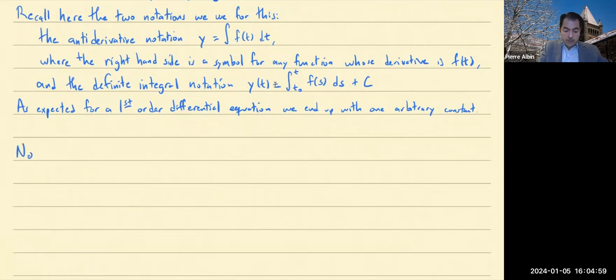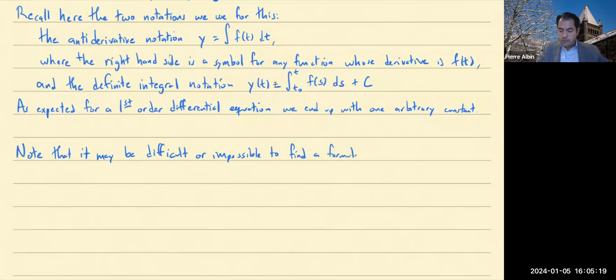Notice that it may be difficult or impossible to find a formula for this integral.